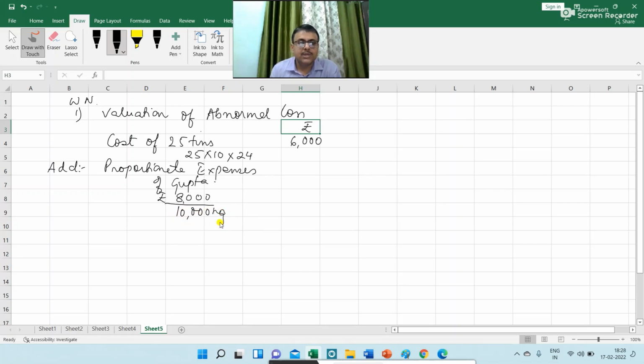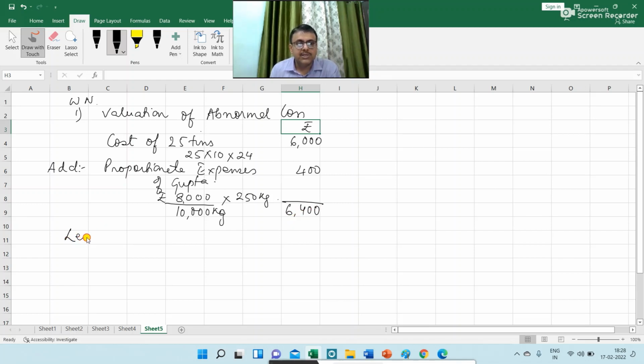What is the quantity of oil destroyed due to the accident? 25 tins into 10 is 250 kg. So this cost is rupees 400. So the total loss due to the accident is 6,400.